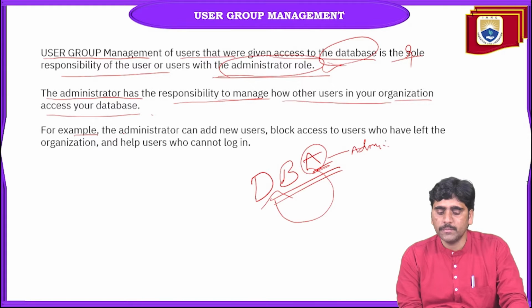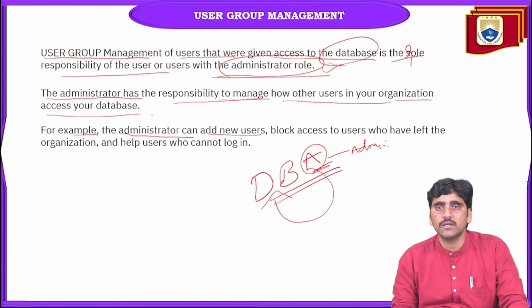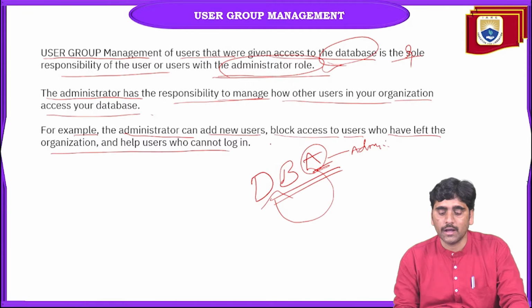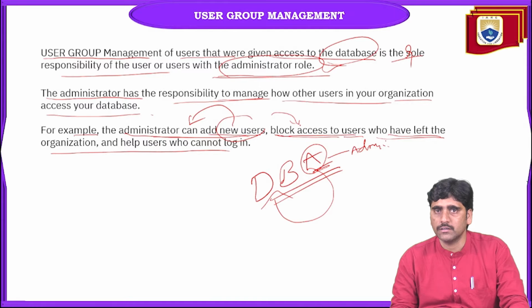For example, the administrator can add new users, block access to users who have left the organization, and help users who cannot log in. So what do we understand from this? The administrator can add new users, that is, new employees, and block access to the users who have left the organization. That means those who have left the organization do not have any authorization to access the details of the organization.